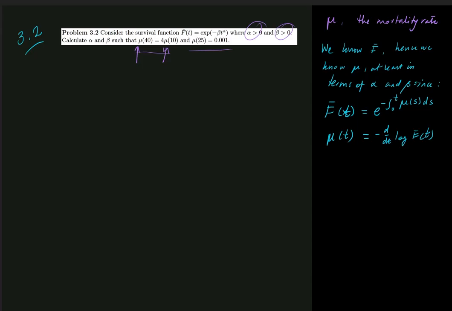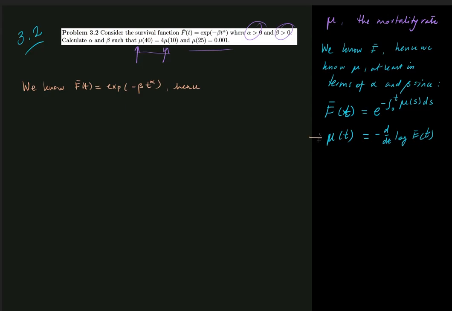So what do we have? Well, we know that F bar of t is equal to the exponential of minus beta times t to the alpha.